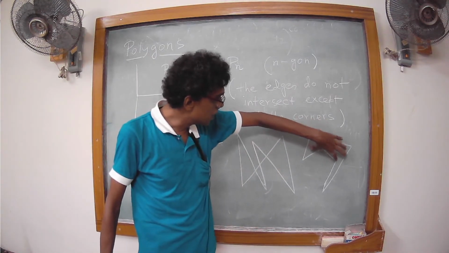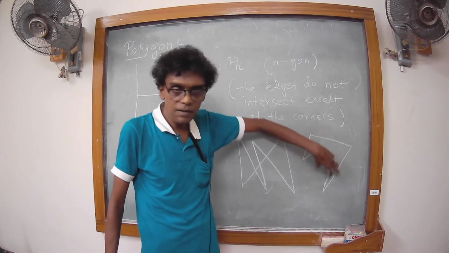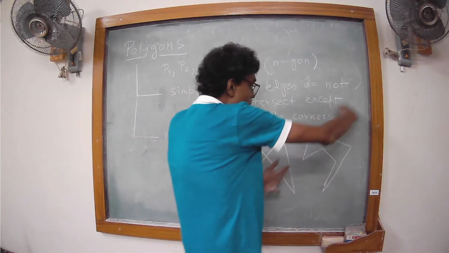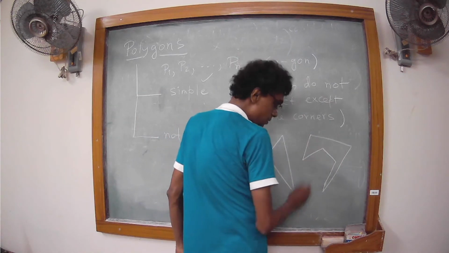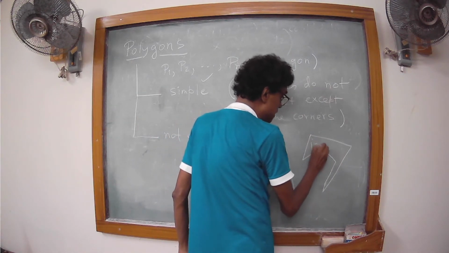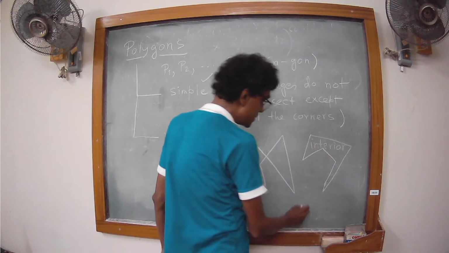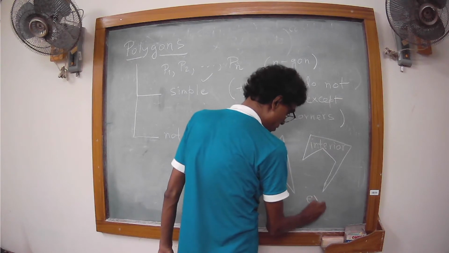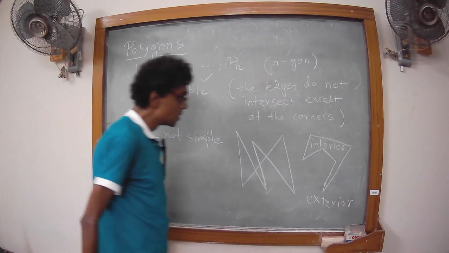There is one bounded space like this inside, okay, and there will be an unbounded space which is the outside. So this inside is called the interior, and the outside is called maybe exterior or whatever. Okay.